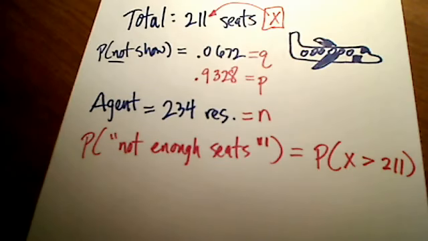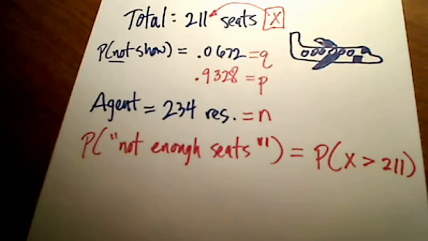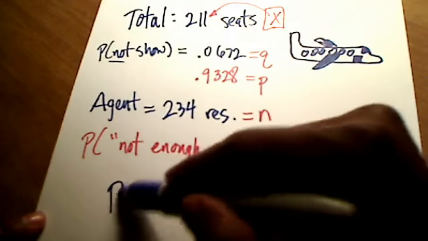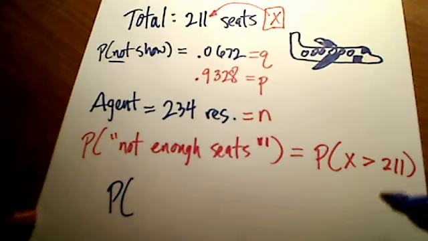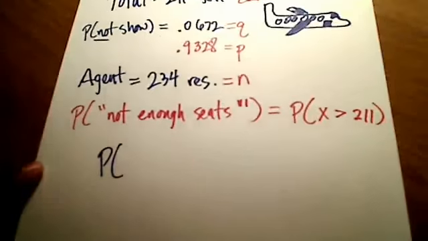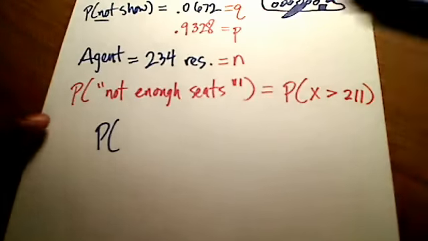Alright, now, a couple of things going on here. This is a discrete number. We're going to use the normal to help us find out what this probability is. That means that I need to change this probability into something called a continuous data value, and to do that I have to use this idea called continuity correction.